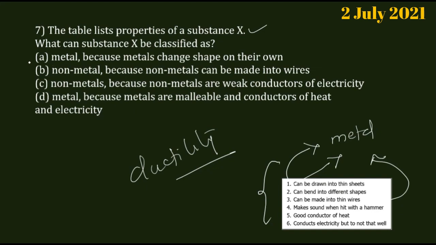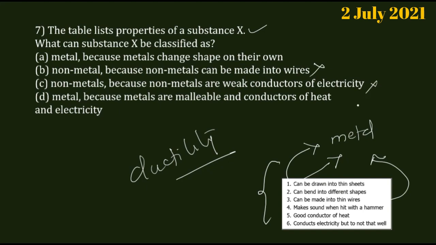Now, one by one we'll read. A: metals, because metals change shape on their own. Okay, keep that in mind. Let's go for the second. Non-metal, because non-metals can be made into wires. Wrong. Third, non-metals, because non-metals are weak conductors of electricity.